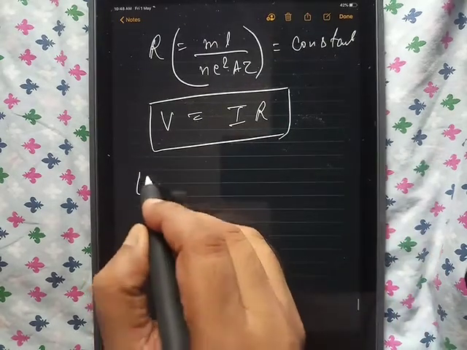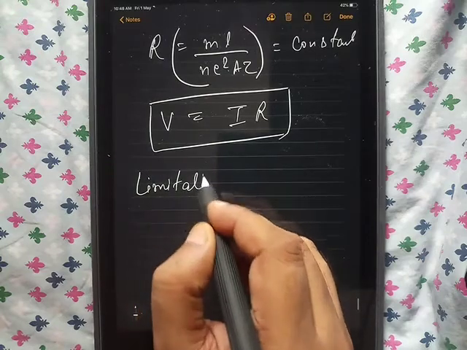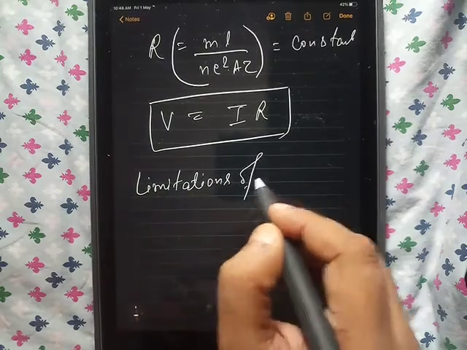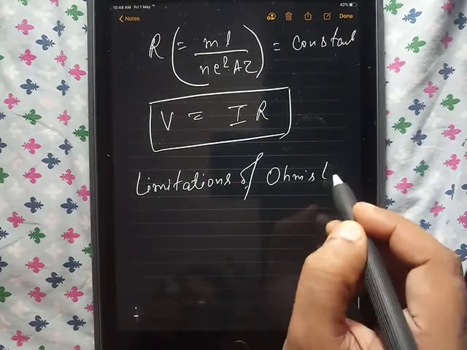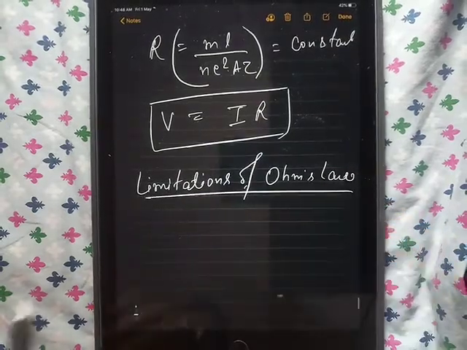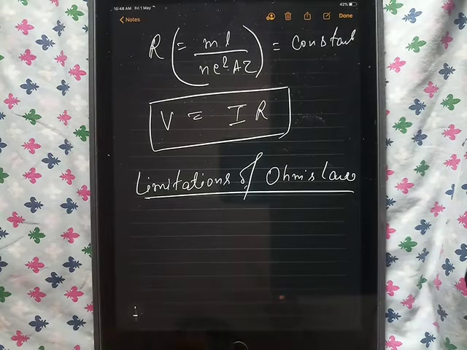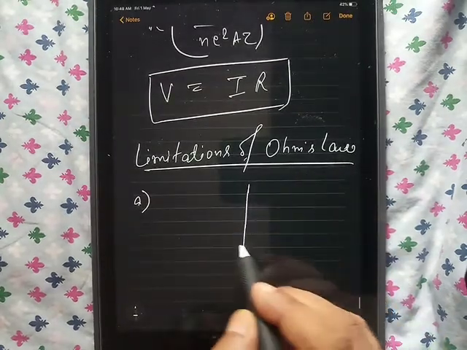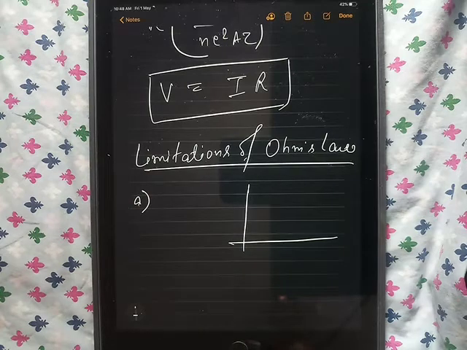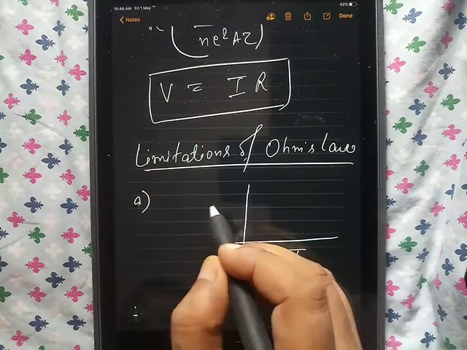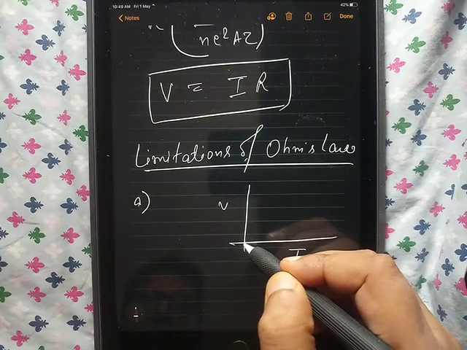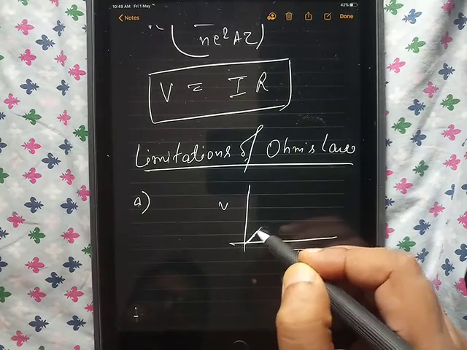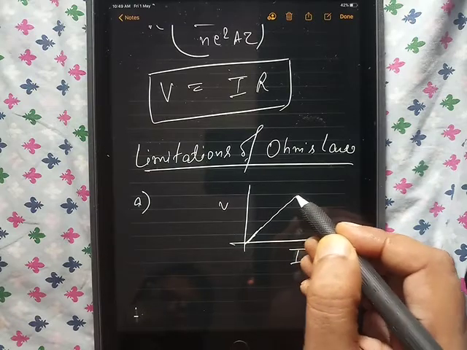Let us discuss limitations of Ohm's law. We have already studied that in Ohm's law, V is directly proportional to I. Point number A, first limitation: V directly proportional to I. If we plot a graph between V and I, it will be a straight line. If we increase the voltage, current will also increase, and we will get a straight line.